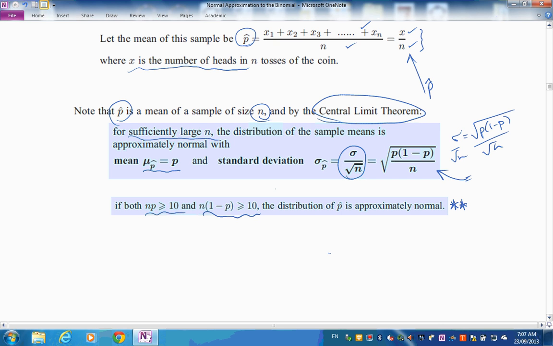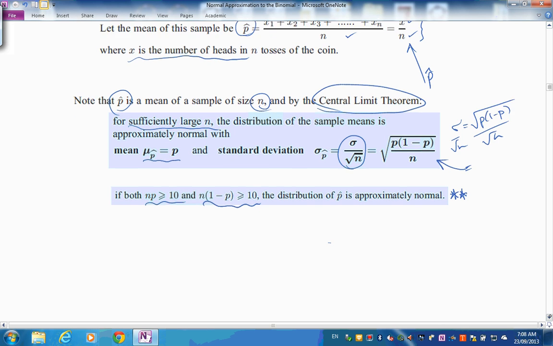So just keep in mind what we're trying to do here, that we have to use sufficiently large n for the central limit theorem to apply. All right, so what have we got? Now we've got a normal distribution applied to the proportions in a population. Okay, so let's have a look at what we can do with it.